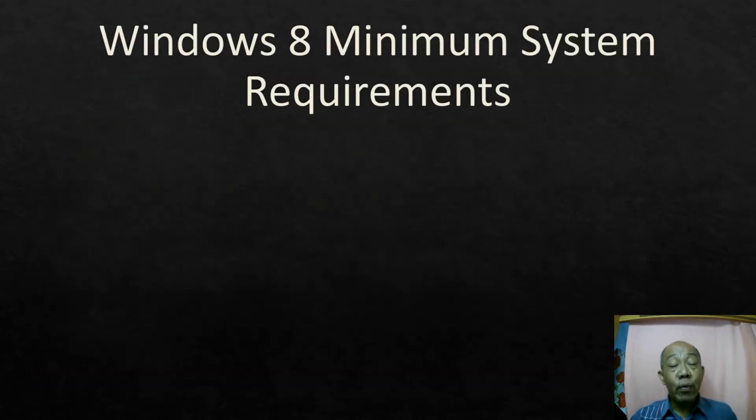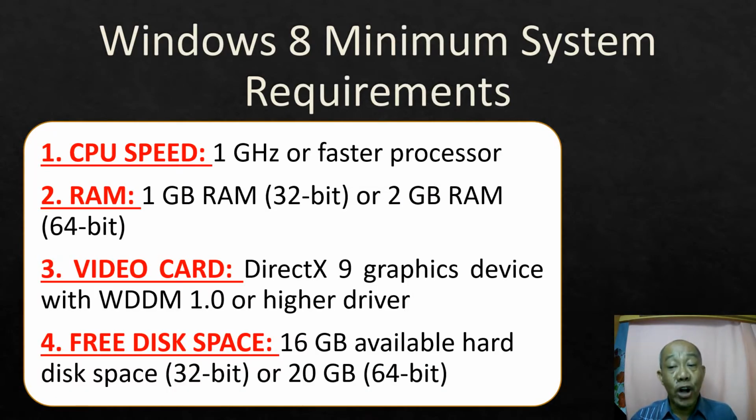Okay, what are the Windows 8 minimum system requirements? So here we have 4. Number 1 is the CPU speed or processor. 1 gigahertz is the minimum CPU speed, but if you want it higher, the better. For the RAM or random access memory, 1 gigabyte of RAM for 32-bit operating system, or 2 gigabytes of RAM for 64-bit operating system.